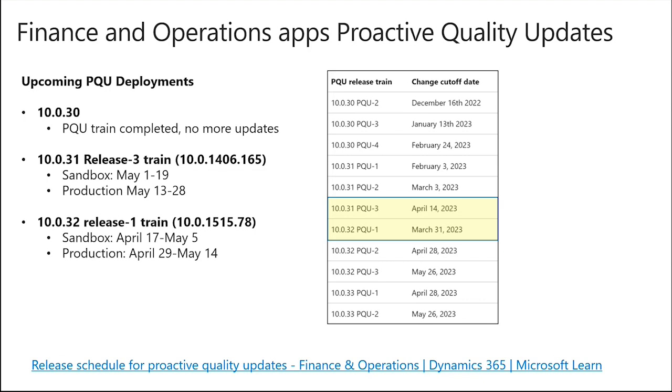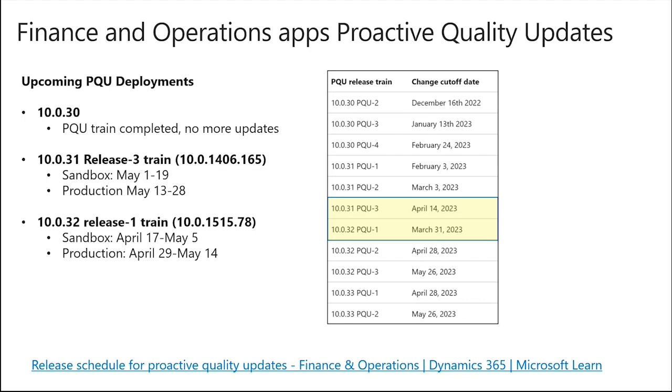But not all customers who are running .30 and above are onboarded yet. We're still in the process of getting all customers onboarded. So you'll see a mix of customers that are receiving proactive quality updates and some that aren't yet. I believe we should have everybody onboarded in the July timeframe. So if you're not receiving them yet, you will be shortly.